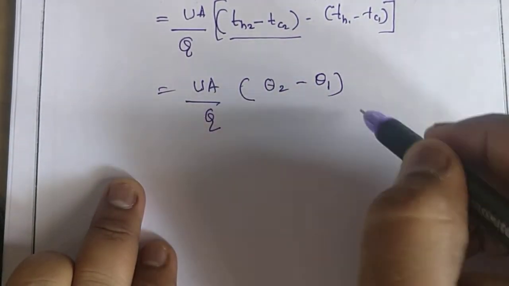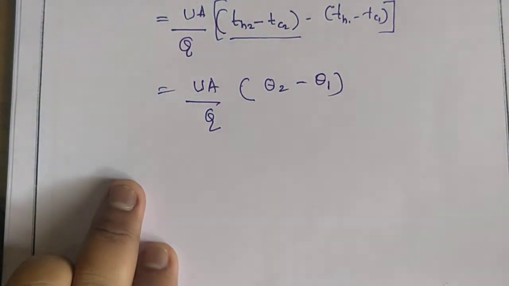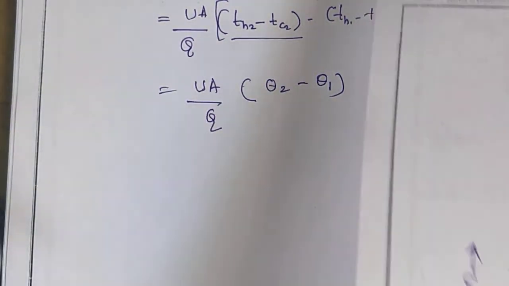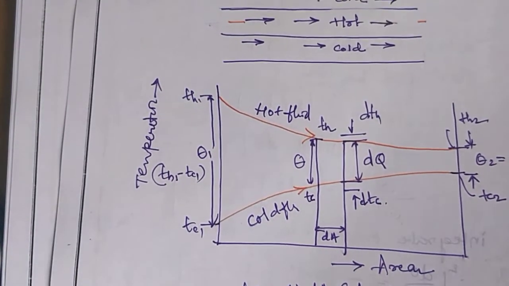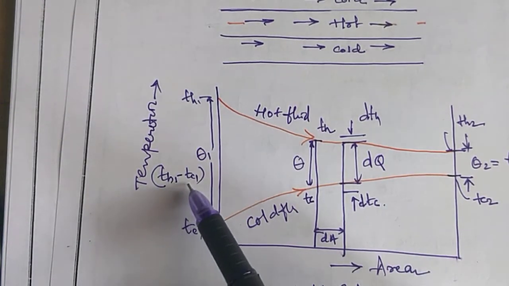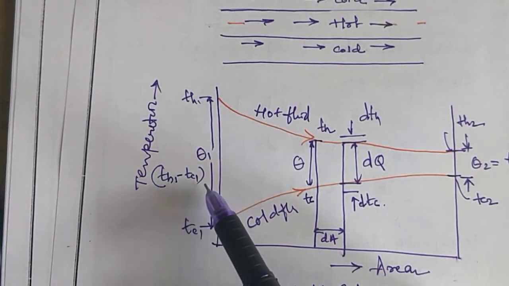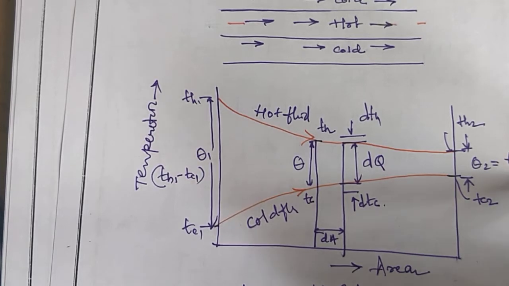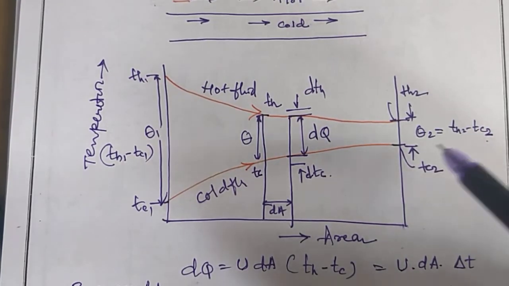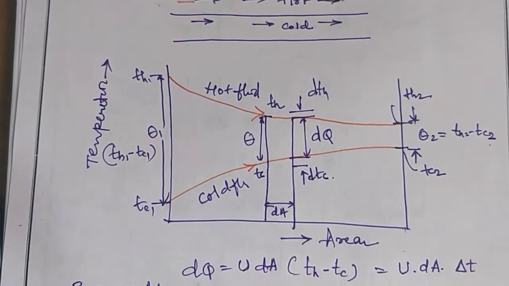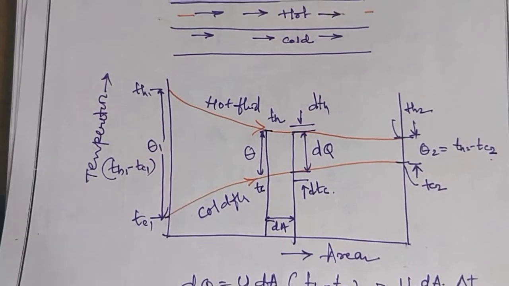From the figure you can see TH1 minus TC1 as theta 1 and TH2 minus TC2 as theta 2. Substitute these values in this equation by seeing this figure.